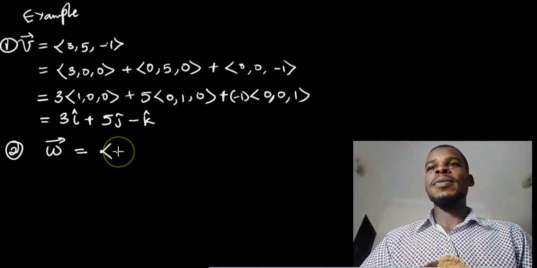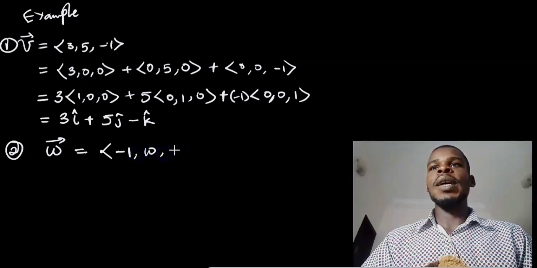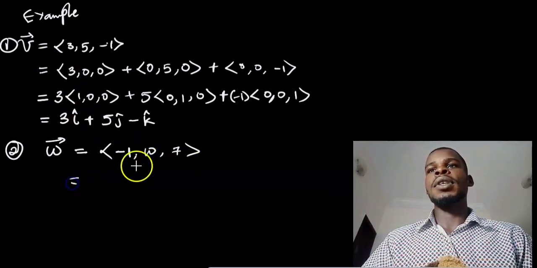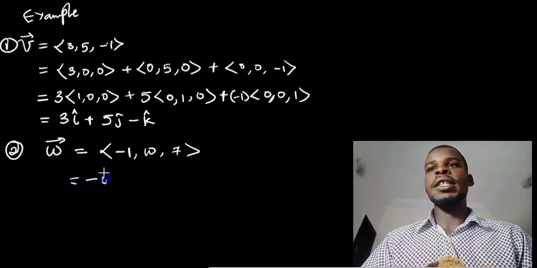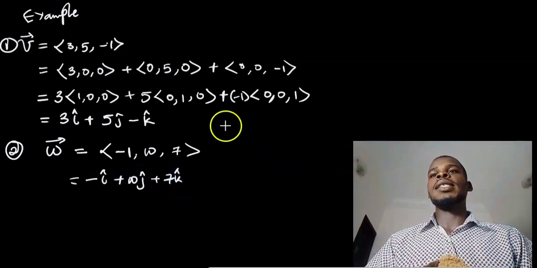So let's say we have a vector like this, negative 1, then we have 10, then we have 7. You could easily just join i here, join j here and join k here. That would be negative i plus 10j plus 7k. Good. So that's simple.